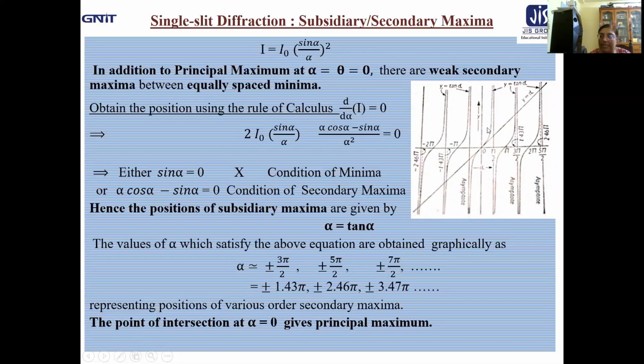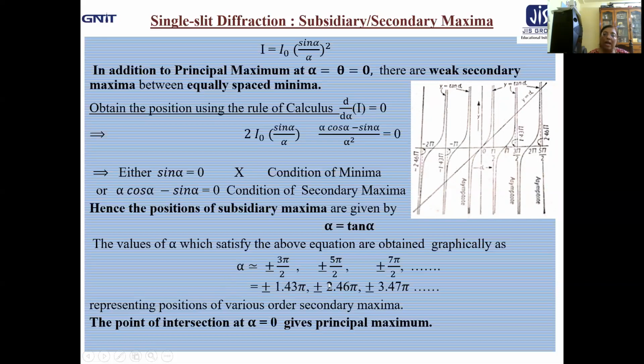So they intersect. Just take a look. The first intersection you are getting is at the origin, which gives you the position of the principal maximum at alpha equal to 0. What about the other intersections? Nearly 3 pi by 2, nearly 5 pi by 2. Similarly, on this side, minus 3 pi by 2, minus 5 pi by 2.